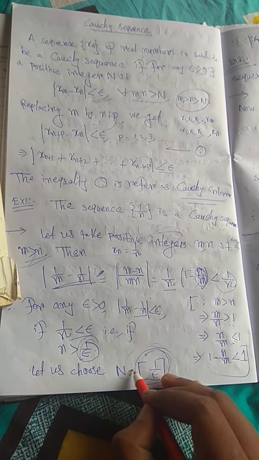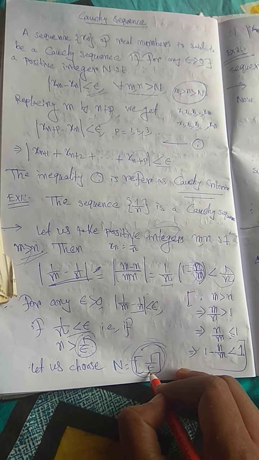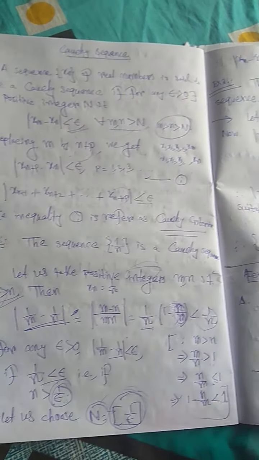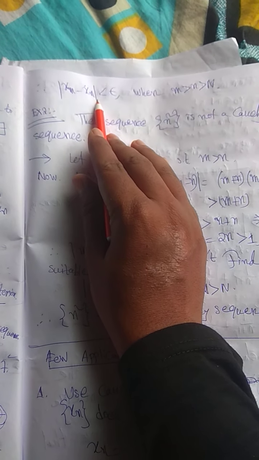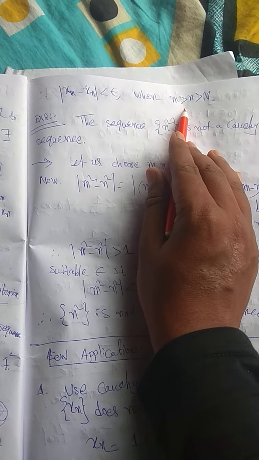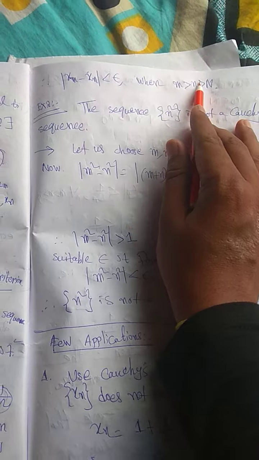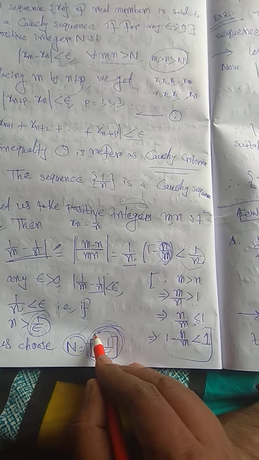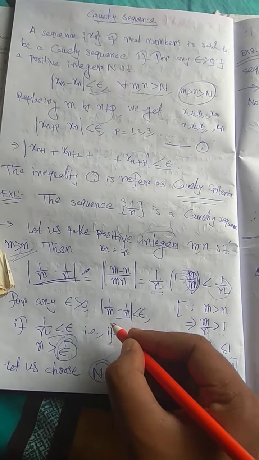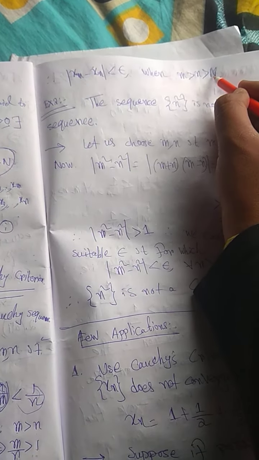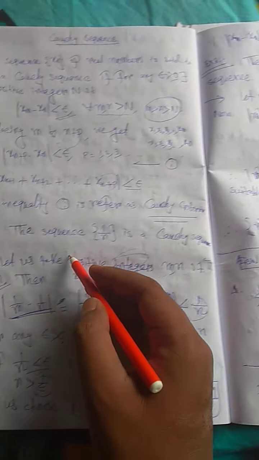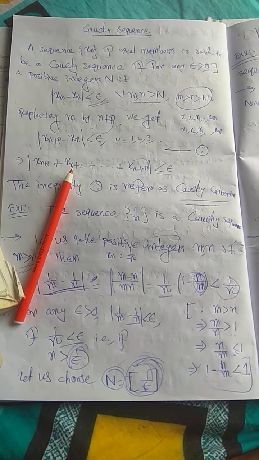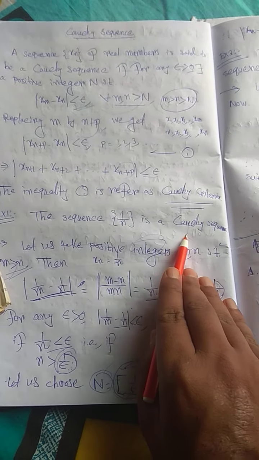If we choose its floor, that means the integral part, then we'll get a positive integer over here, and we can say this difference is less than epsilon when m greater than n greater than this capital N natural number, and this natural number stands for the integral part of 1 by epsilon. That means this difference is now less than epsilon for this natural number n. That means our claim is established that this sequence is a Cauchy sequence.